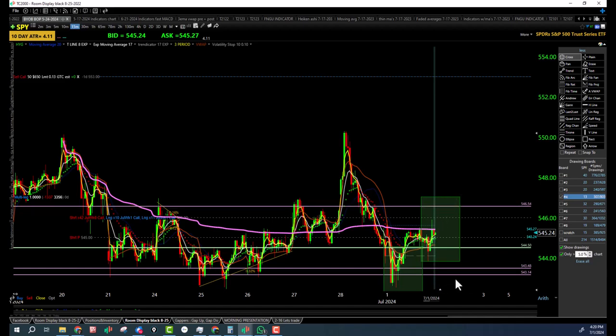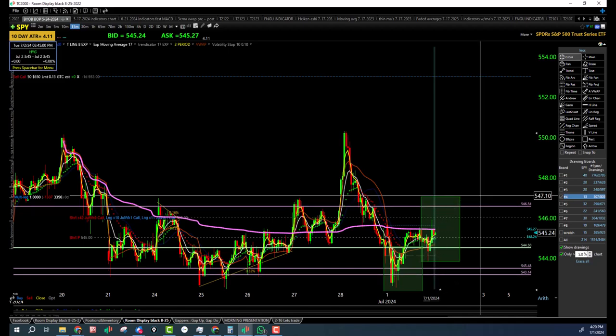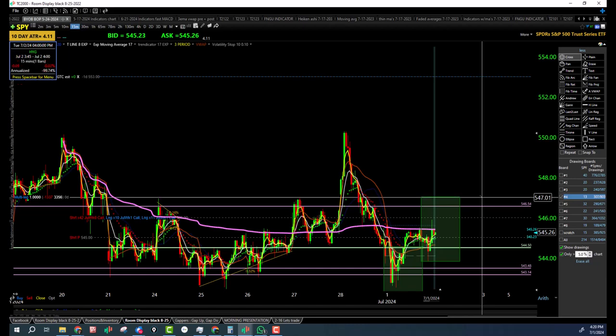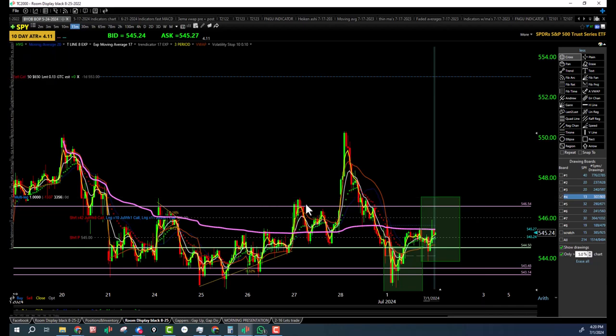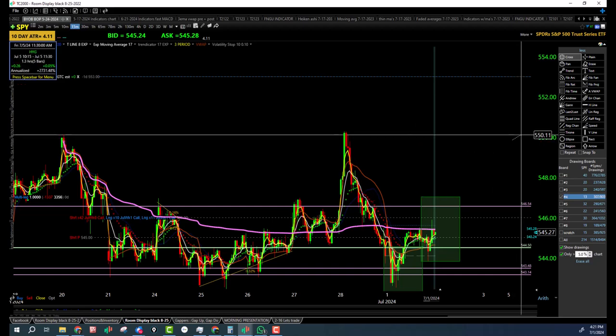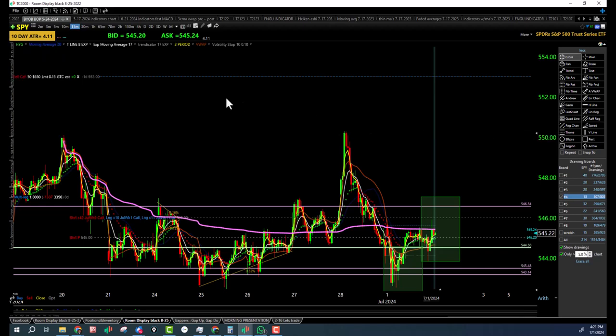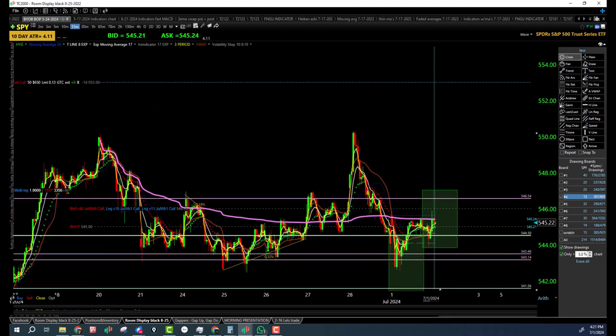If we get that measured move tomorrow, and I really think we do wind up popping up to 547.01 right along the top of these two, and then we could see some inspiration if they consolidate on top of that and kind of climb this breakdown candles right there. So there's a possibility we could be at 550 maybe sometime tomorrow afternoon or tomorrow evening. All right, so there's SPY.